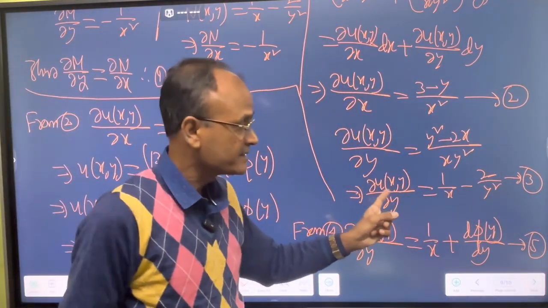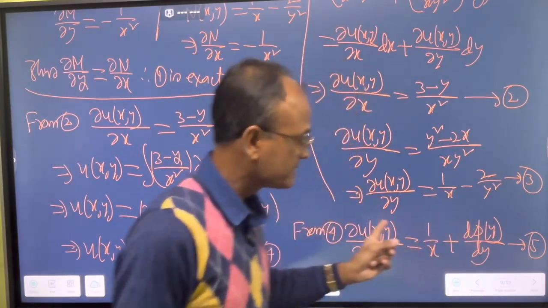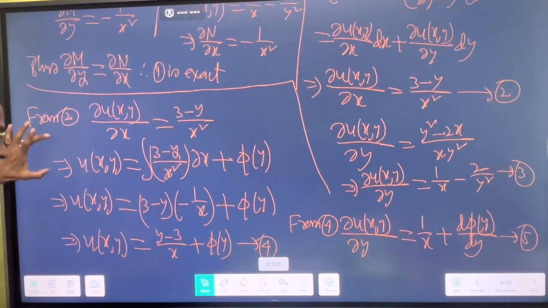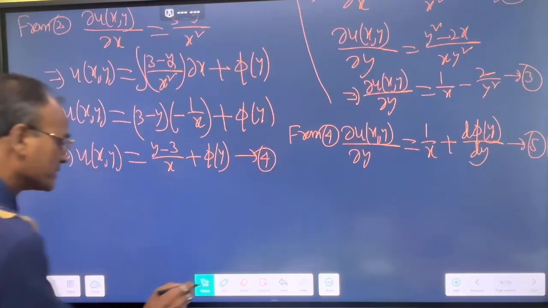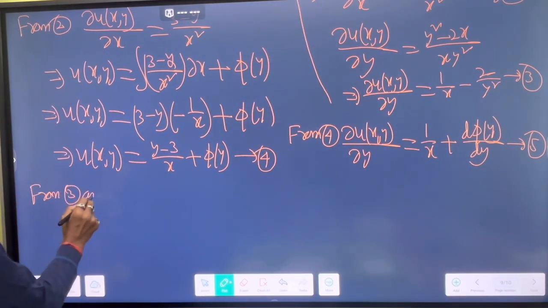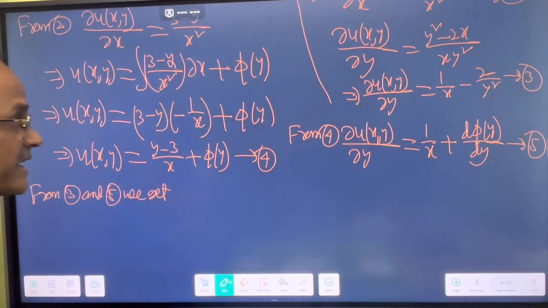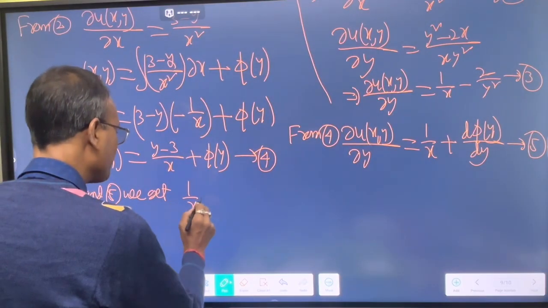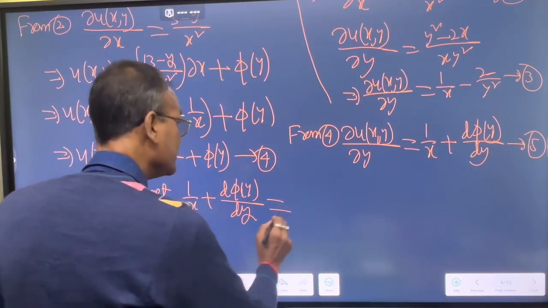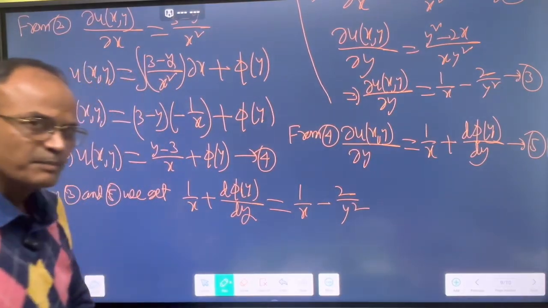The left-hand side of 3 is ∂u/∂y, and the left-hand side of 5 is ∂u/∂y. Therefore, the right-hand sides will also be equal. From 3 and 5 we get 1/x + dφ/dy = 1/x - 2/y².